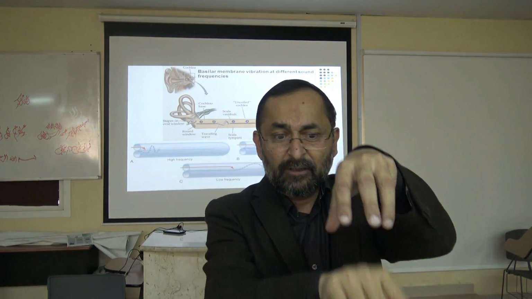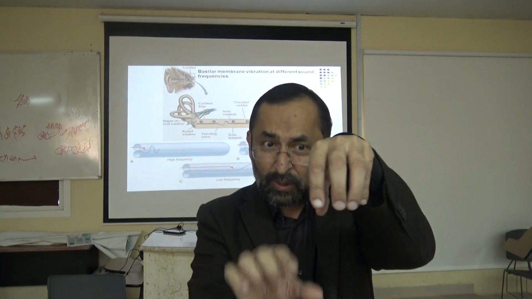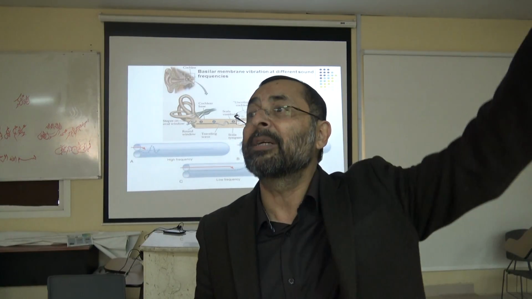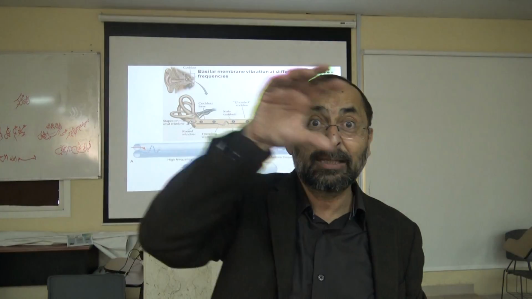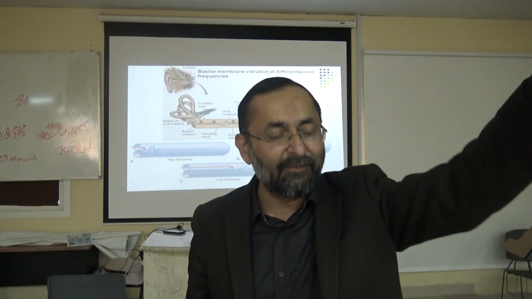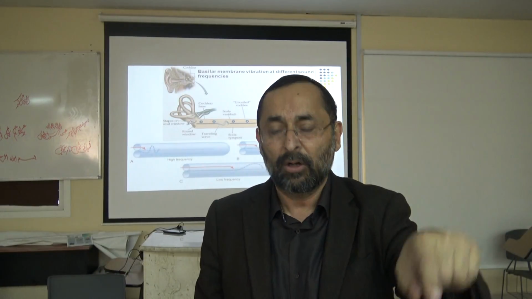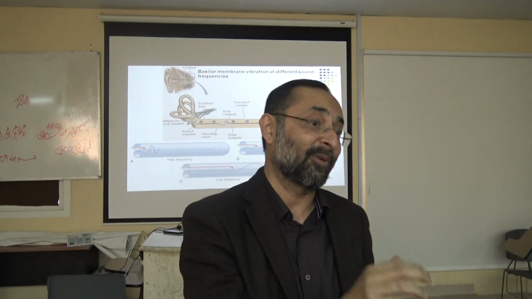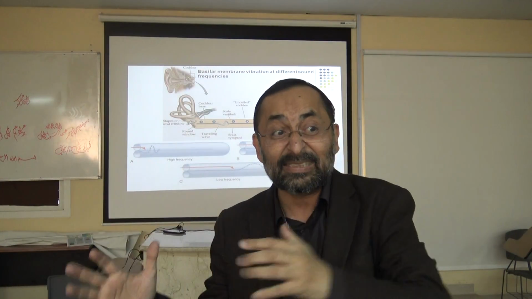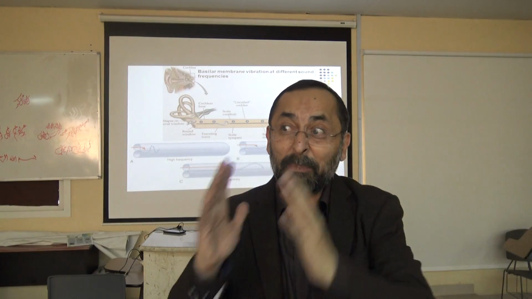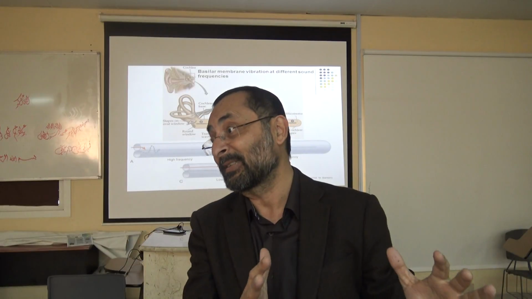And the organ of Corti which is present above that, only that part is stimulated, those hair cells are stimulated and those specific fibers will take the impulses to the brain and the specific neurons in the brain will be stimulated and they will identify the sound as a medium frequency or low frequency or high frequency sound. So there is a complete system of location in the brain. From the basilar membrane to the brain, the pathway is very specific for the sound frequency.